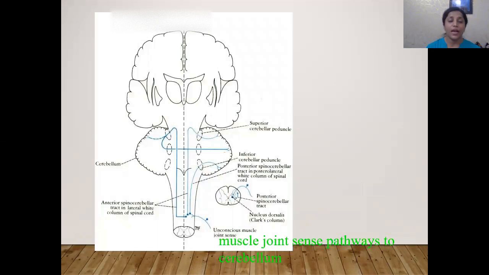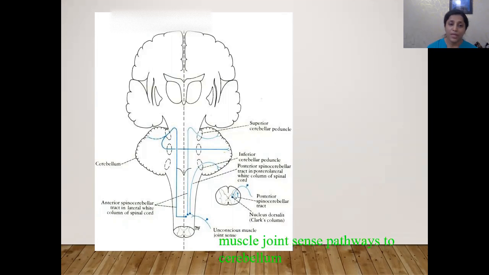Now, having a good look at this diagram, we can very well see that when this sensation enters the spinal cord, the anterior spinocerebellar tracts are either on the same side, ascending and reaching the superior cerebellar peduncle.